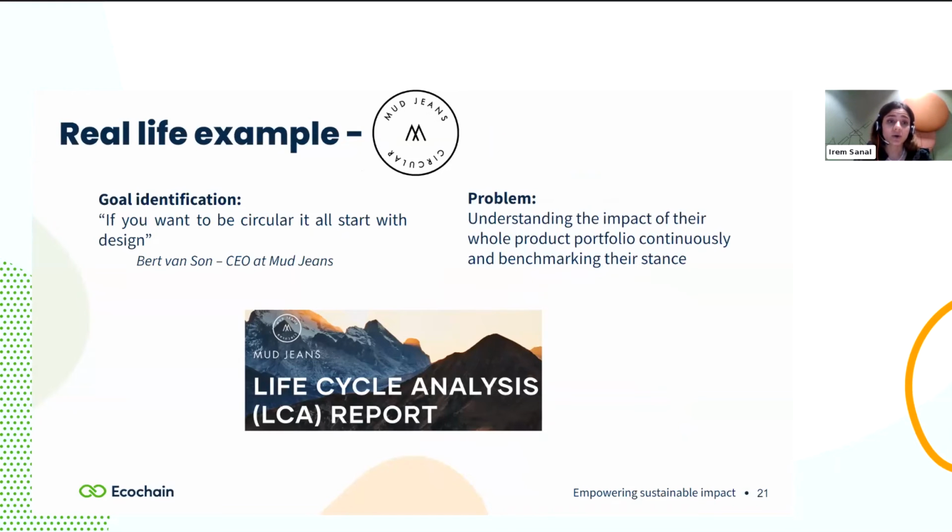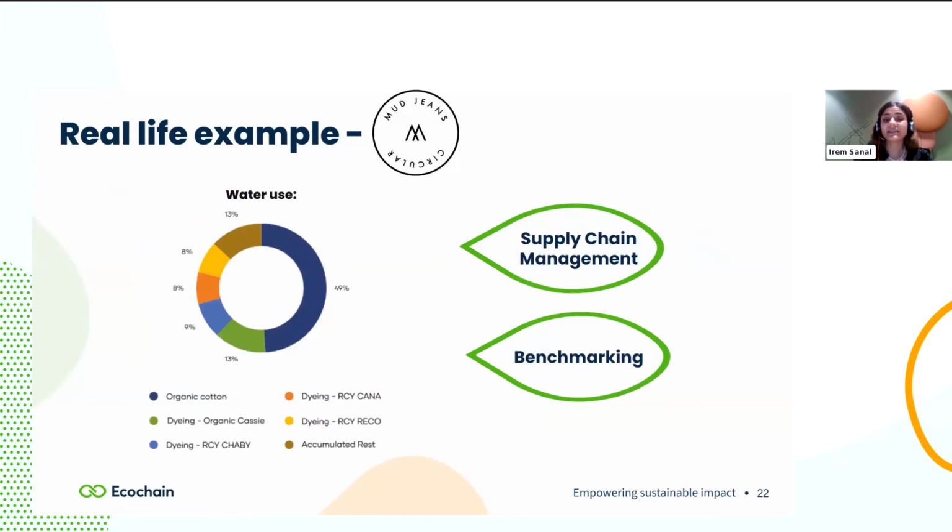So you need to know the emissions coming from the processes that you are going through, and you need to take control over it. And right now they even have a life cycle analysis report, and they are sharing all their impact transparently with their clients continuously.